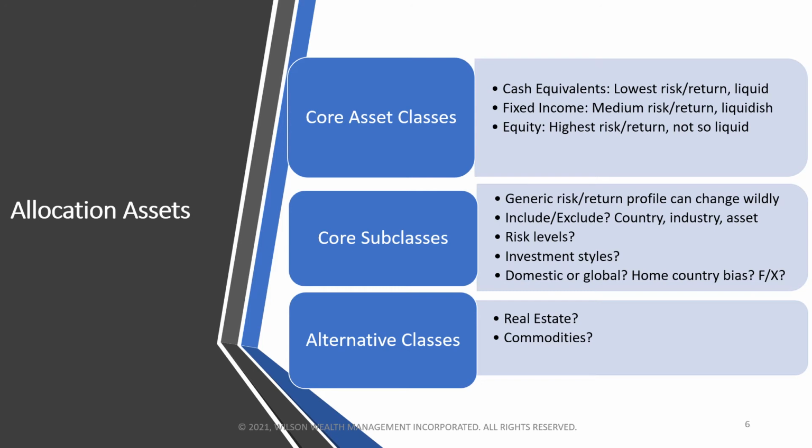The answer is no, but equities are riskier than fixed income. You have to look at the specifics, the systematic risks, the non-systematic risks, and assess risk return on an asset by asset basis. So the generics are nice, but you still have to drill down.